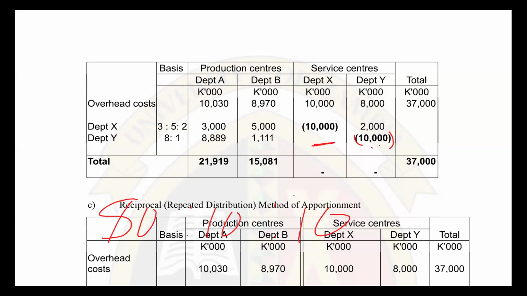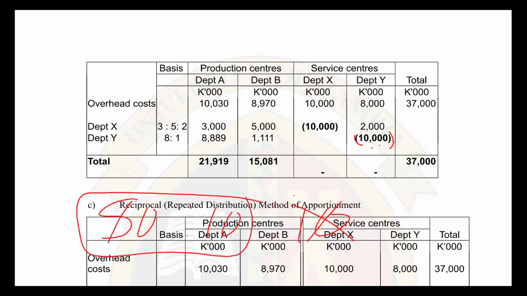Because we have already dealt with X. X has already given. So once X gives, the elimination method suggests that we don't have to give any more cost to X. So we cancel this X; this 10% which goes to X is no longer considered. So we're just dealing with these two departments.